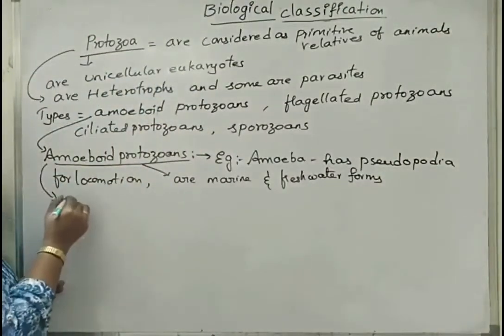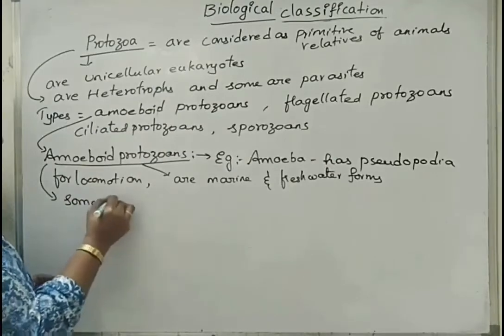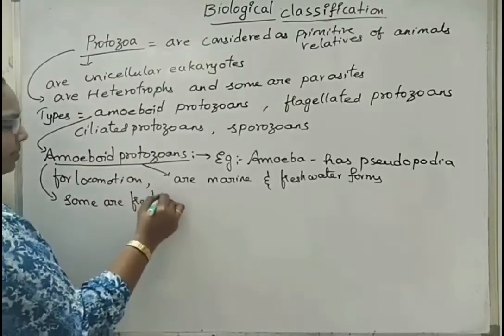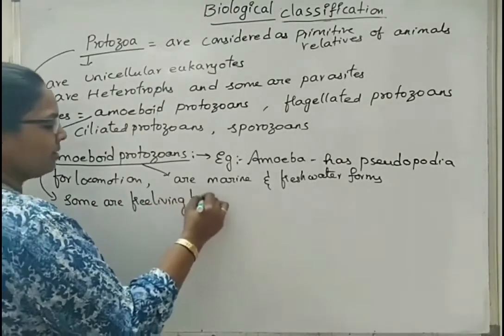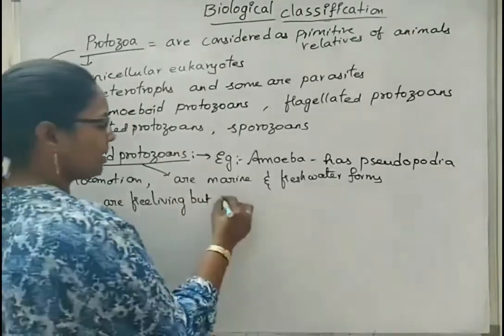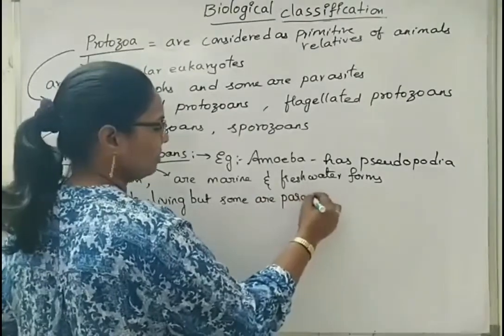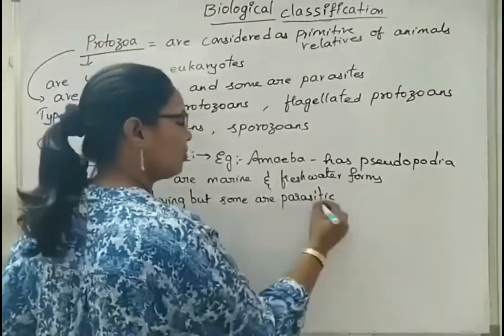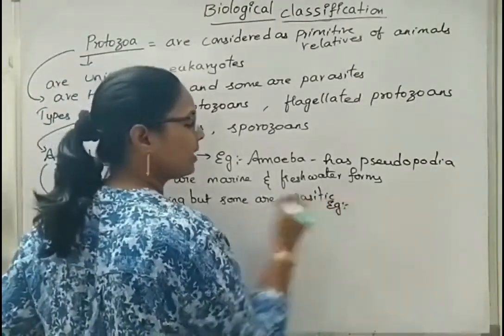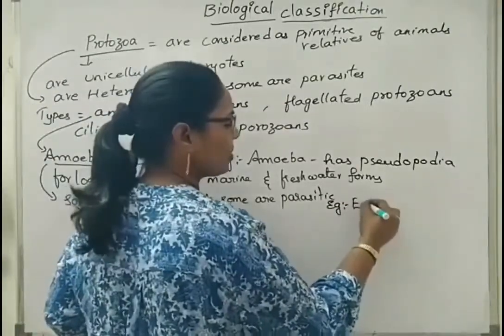Some are free living, like normal amoeba, but some are parasitic. The example of a parasitic amoeba is Entamoeba histolytica.